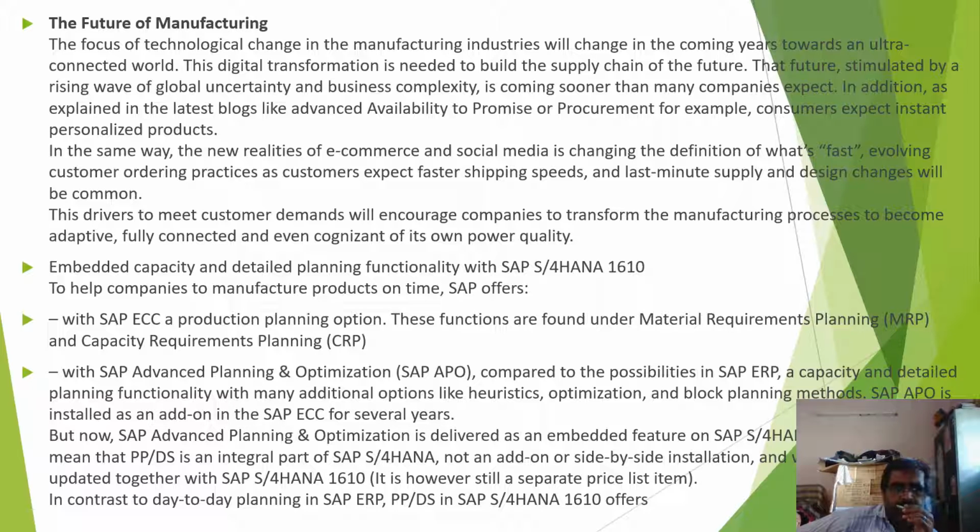In addition, as explained in the latest blogs or videos like advanced availability promise or procurement I have done, for example, consumers accept instant personalized products. In the same way, the new realities of e-commerce and social media are changing the definition of what is fast, with evolving customer ordering practices, as customers expect faster shipping speeds, and last-minute supply and design changes will be common.